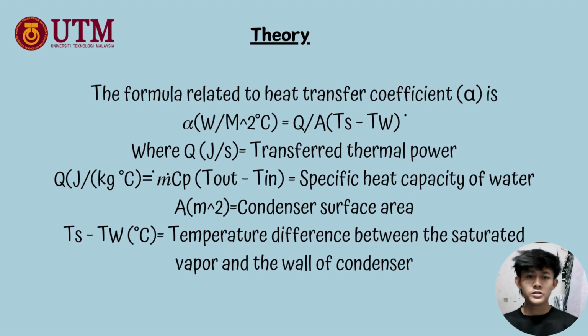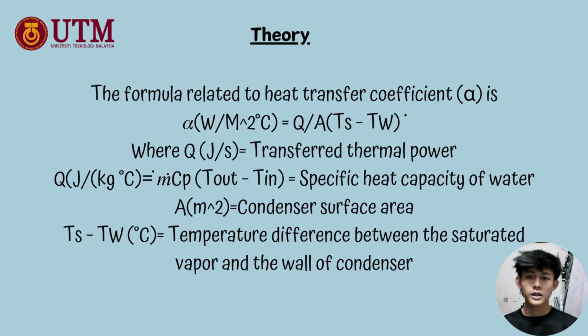Carrying on with the theory, the formula for the heat transfer coefficient alpha, with unit W over m squared degree Celsius, is equal to Q over A times (Ts minus Tw), where Q, with unit J over s, is the transferred thermal power.